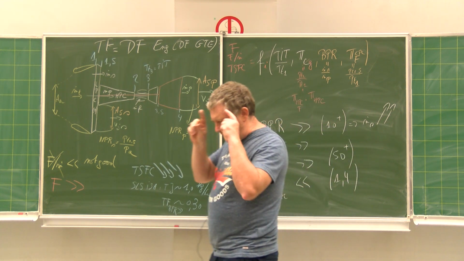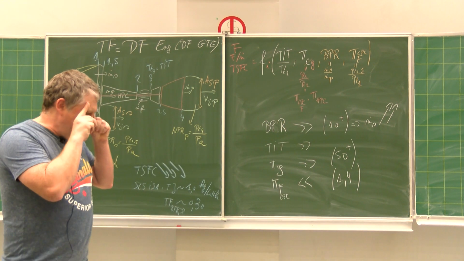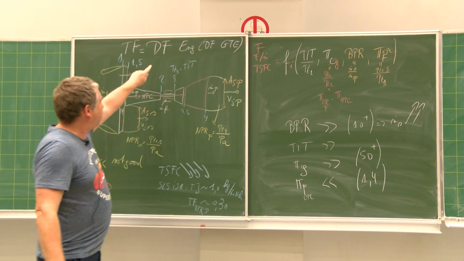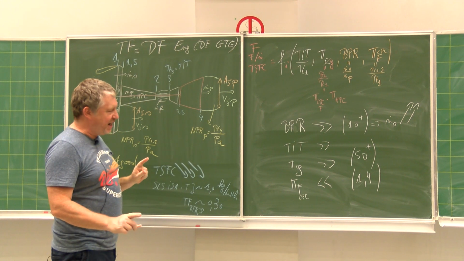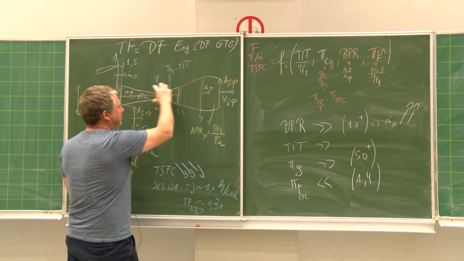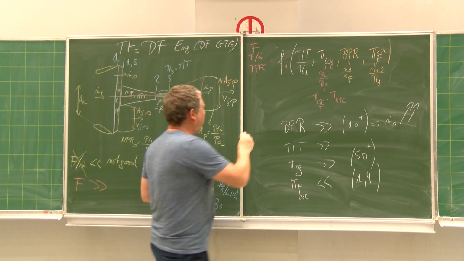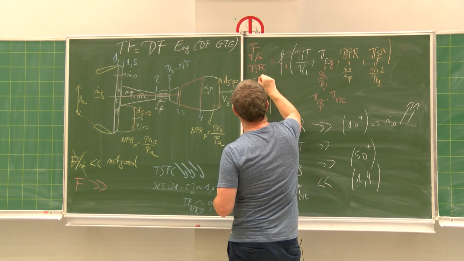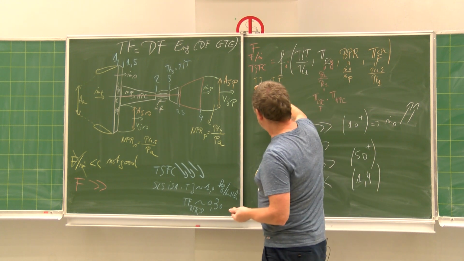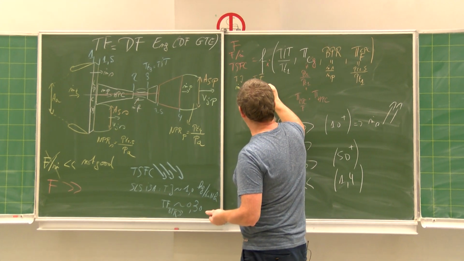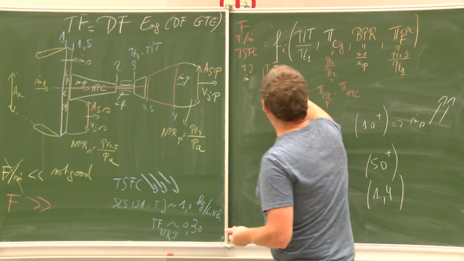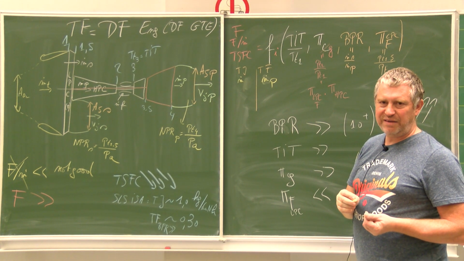Because, put that in your mind, what we are doing is that we are comparing the turbofan to the turbojet that has the same core. The same core. So what are we doing? We say, for the turbojet and for the turbofan, the m dot primary is the m dot of the turbojet.